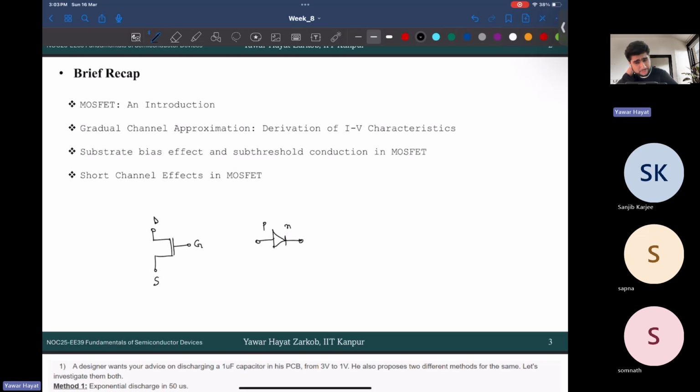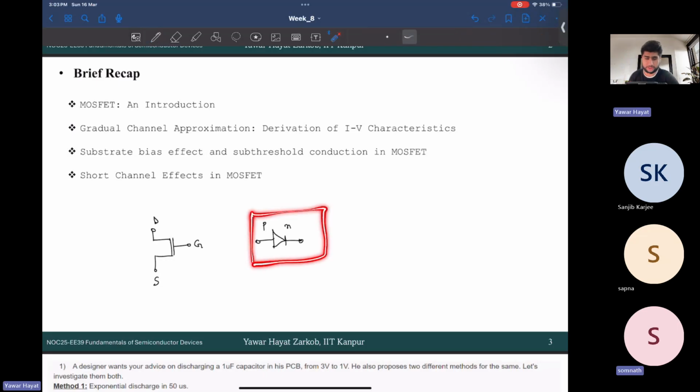Is PN diode a symmetrical device or asymmetrical? What about this? Symmetrical or not symmetrical? Symmetrical, sir. This one is symmetrical? Okay, please explain in what sense?